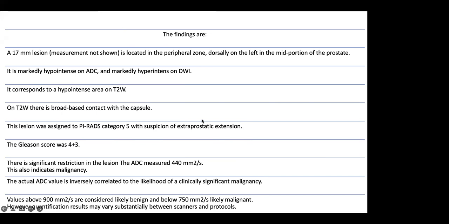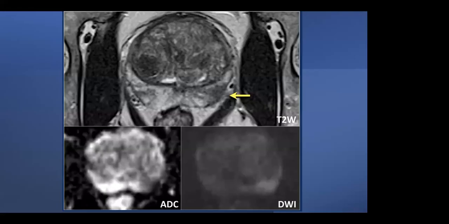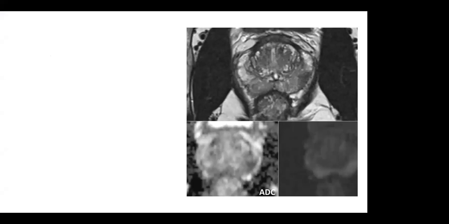We will also discuss in the subsequent cases that this lesion was appearing hypo-intense on T2 and markedly hypo-intense on ADC mapping, plus the margins were indistinct or ill-defined, like I showed. So can we move to the next slide, please?